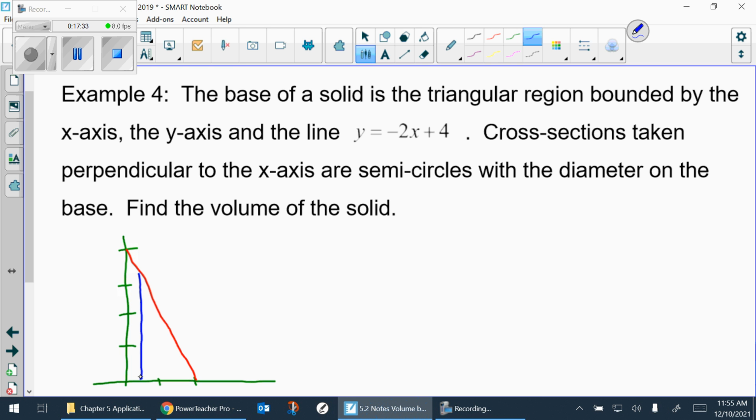But this time, when I bring my cross-section over here and I push this thing over, I'm going to get a semicircle.